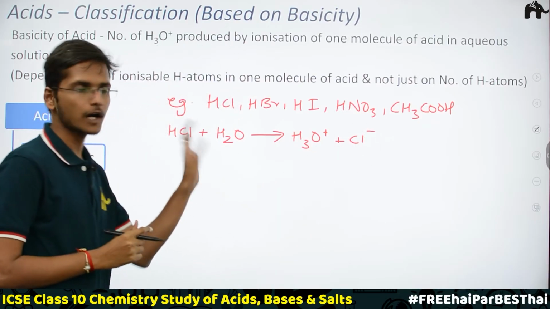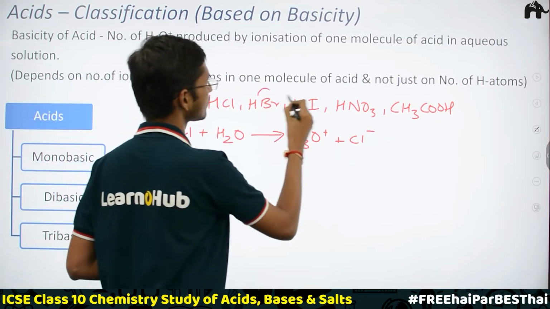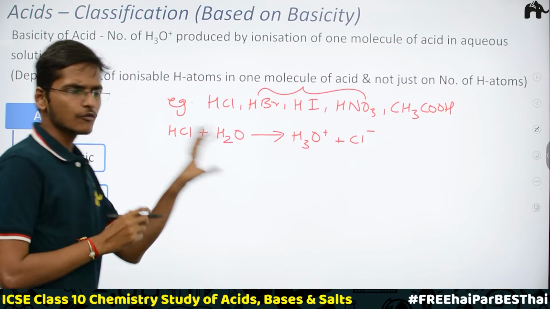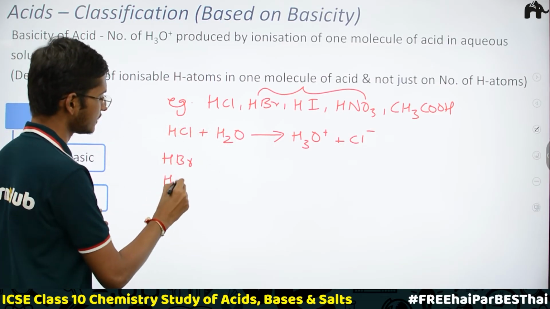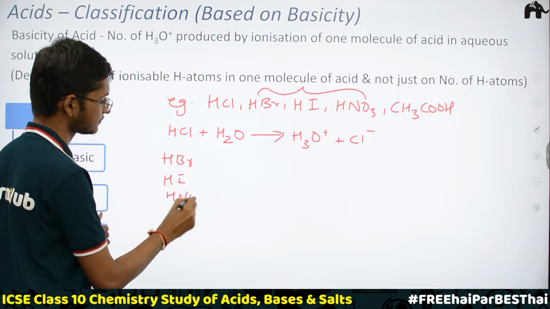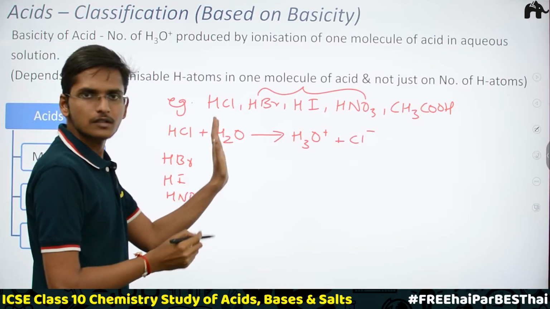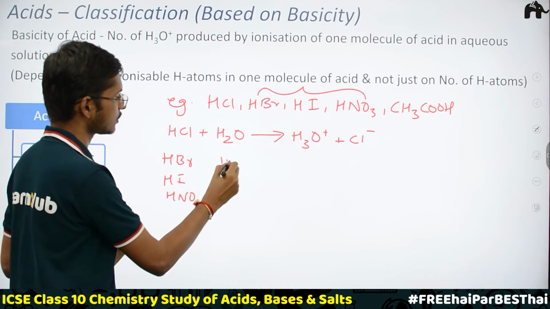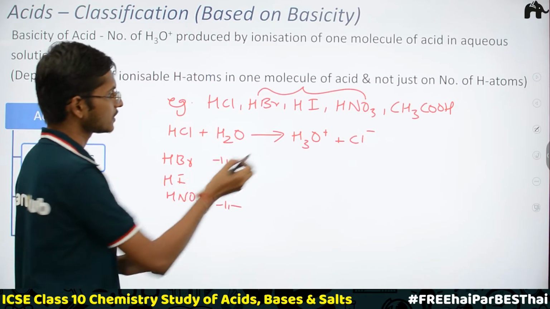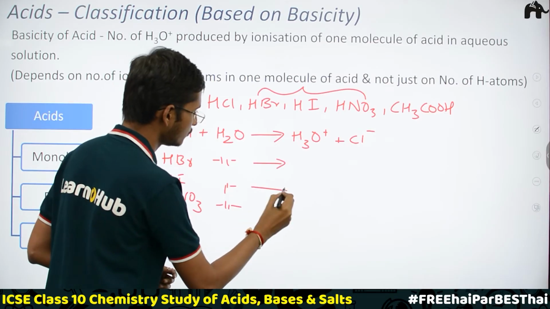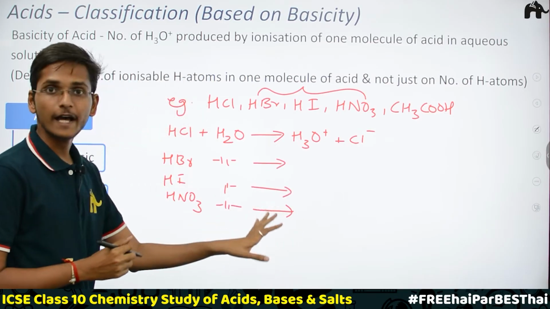And I have already told you how to write the ionization equations for HBr, HI and HNO3 as well. What you simply have to do is, in place of HCl it would be HBr, HI or HNO3, and the rest would be the same, plus water. The arrow would be a normal arrow in all these cases.